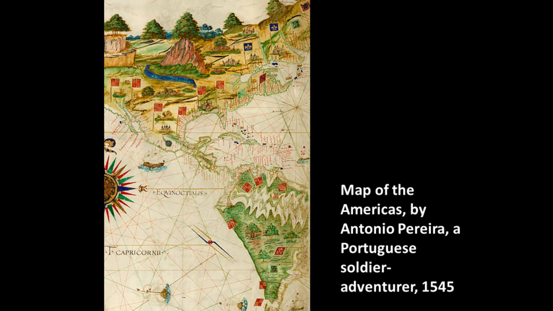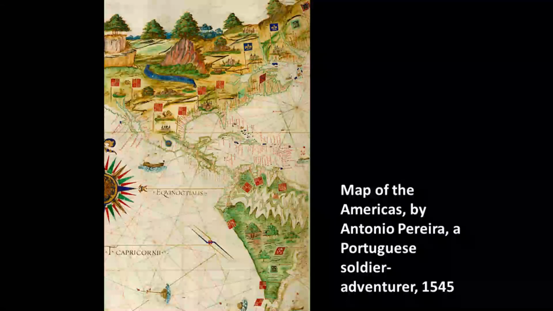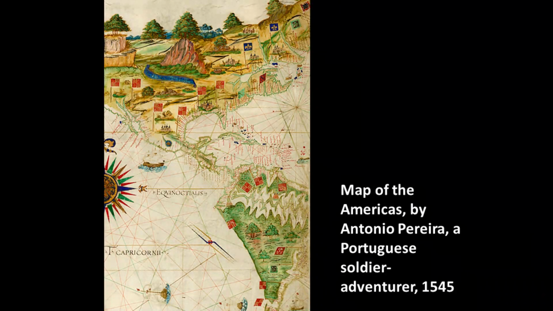You might also look and note very carefully all the flags, the royal standards that are up and down all the coastlines. And if you were to count, you would find 3 Portuguese flags, 2 flags of the French fleur-de-lis, and 13 Spanish standards. So what those tell us is that, in fact, maps are not simply records of accumulating knowledge.